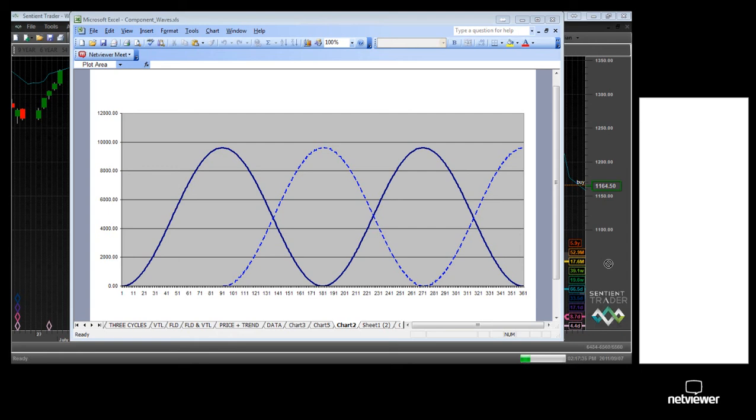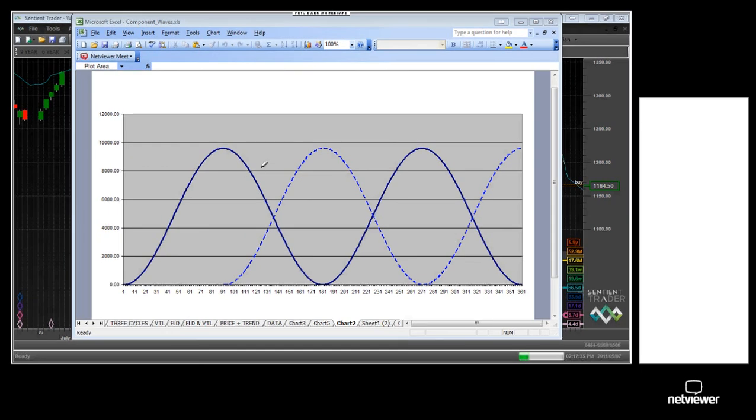So let me clear this whiteboard. How do we then use FLDs? Well, we use FLDs basically in 3 ways as a result of the mathematical properties. The first thing is when price crosses an FLD, we receive confirmation, what I like to call confirmation or evidence of a cyclic nature, that a peak of the cycle in question, in other words, the cycle upon which this FLD is based, has been formed by the price.